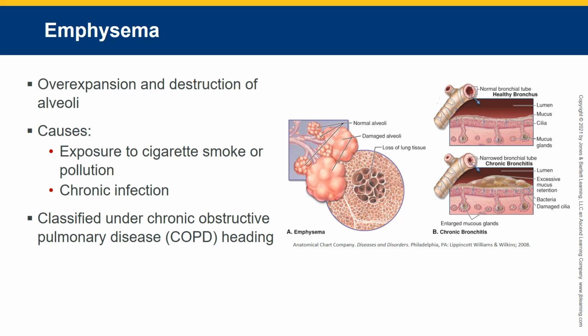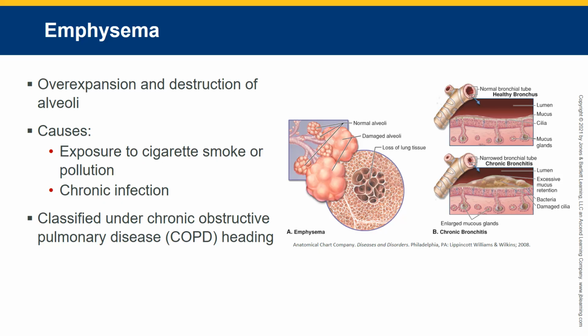Other things that we associate with emphysema are things like asthma, bronchitis, anything that is ultimately narrowing or reducing the capacity of the lung tissue to be able to do what it needs to do.